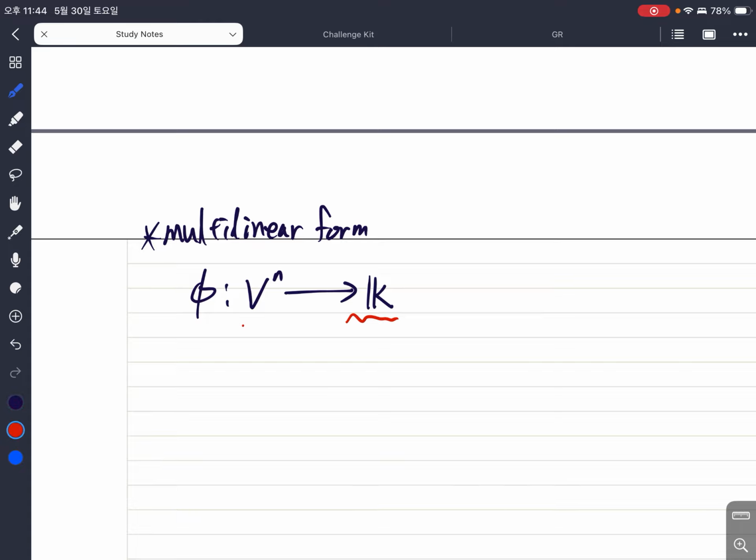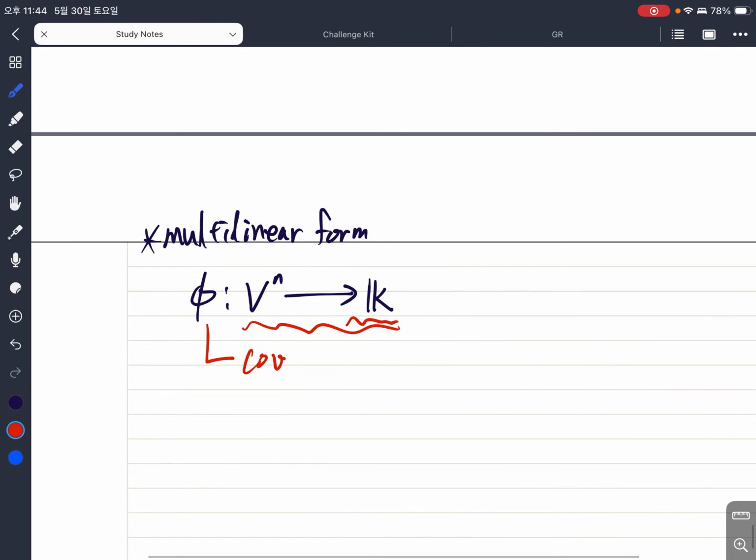So this special case is phi covariant. Covariant means that it is a form, an n tensor, or just n form.